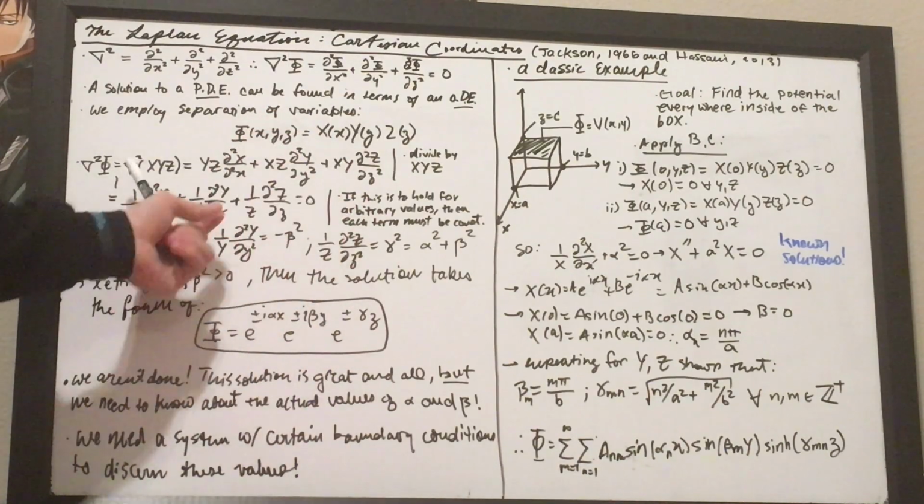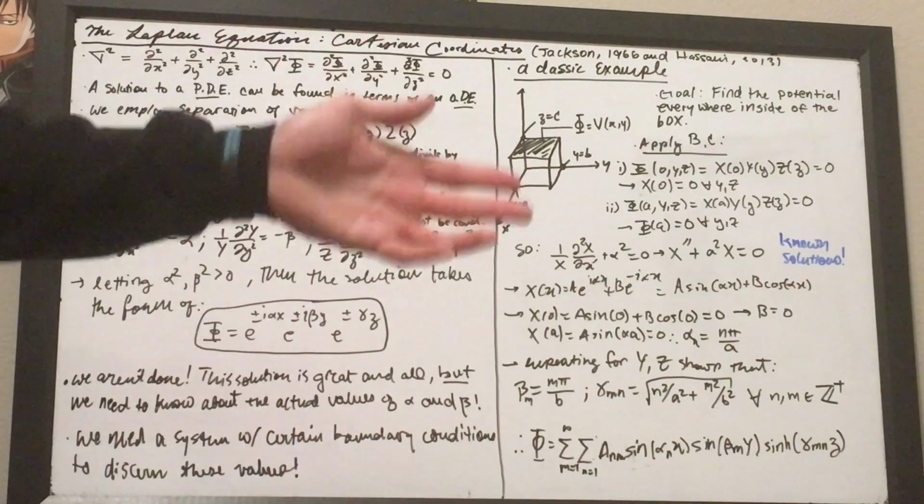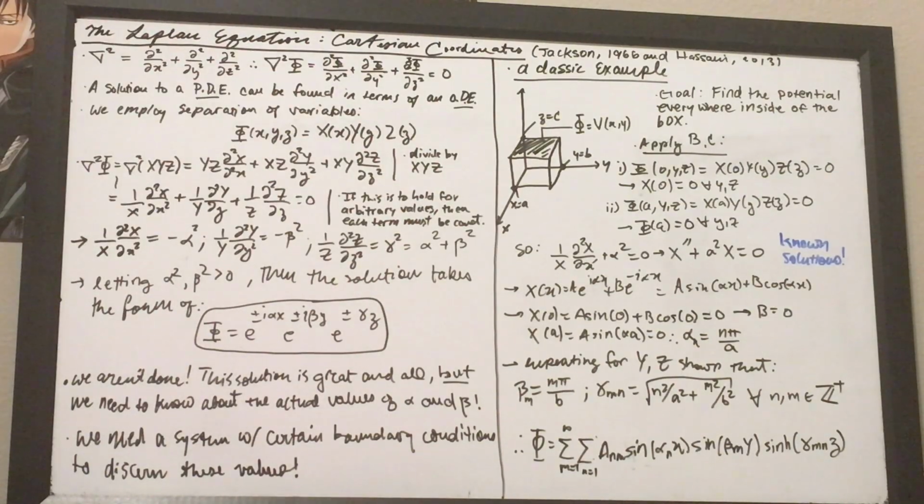So this can't be some sort of expanded function per se. This has to be equal to some number, some value that we have to assign to it. It can't be a function. I believe that might pertain to the uniqueness theorem, and if I remember to put that in here sometime or somewhere along in the spiel, I'll include a little tidbit about the uniqueness theorem and why that's important to solving differential equations of this kind.